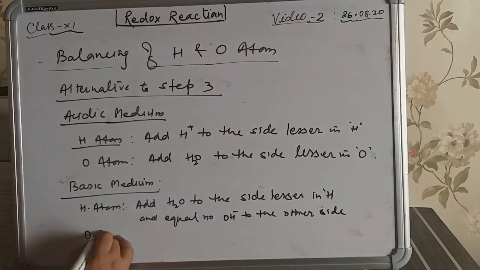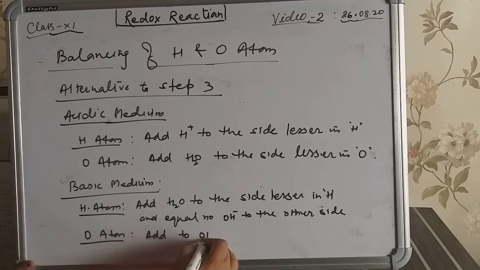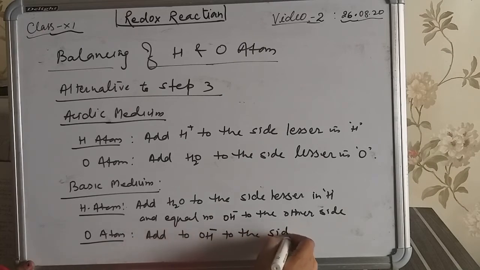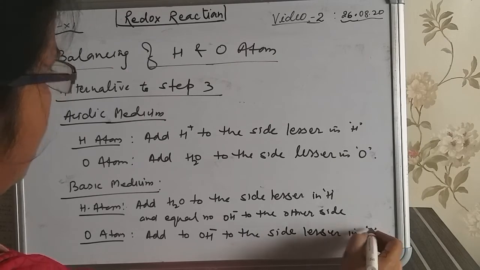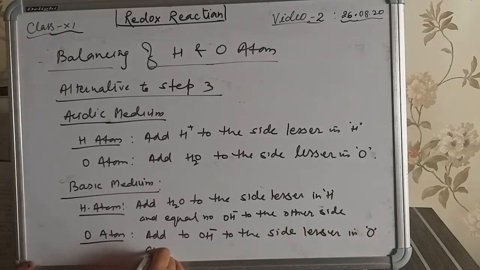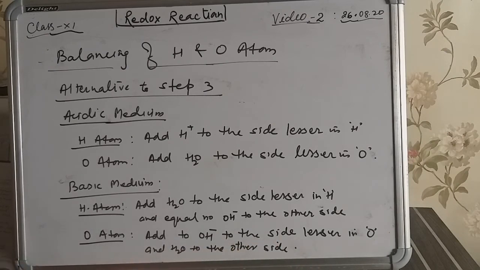For balancing oxygen atoms in basic medium, add 2 OH ions to the side lesser in oxygen and water to the other side. Let's explain with an example.